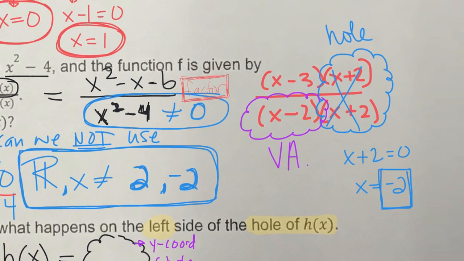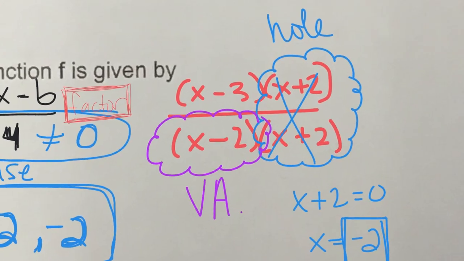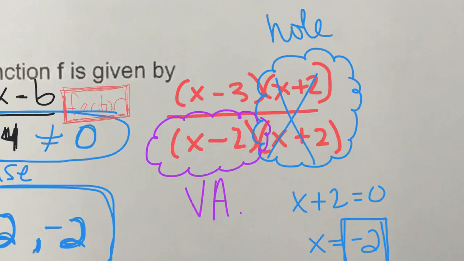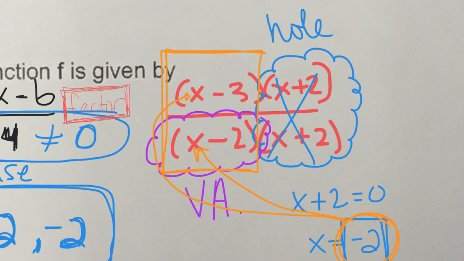So how do we find the y-coordinate if we know x equals -2? You plug -2 back into your equation. So we take the -2 that we found and you plug it back into your simplified equation. This is your simplified equation because the x plus 2's cancel out.